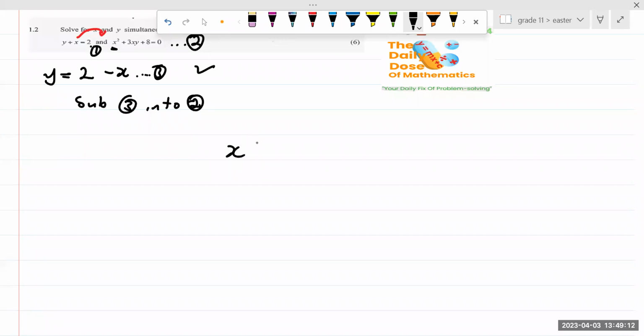So we have x squared plus 3xy plus 8 is equal to 0. Do we have a y on equation 1? No. Then here this should be equal to 2.